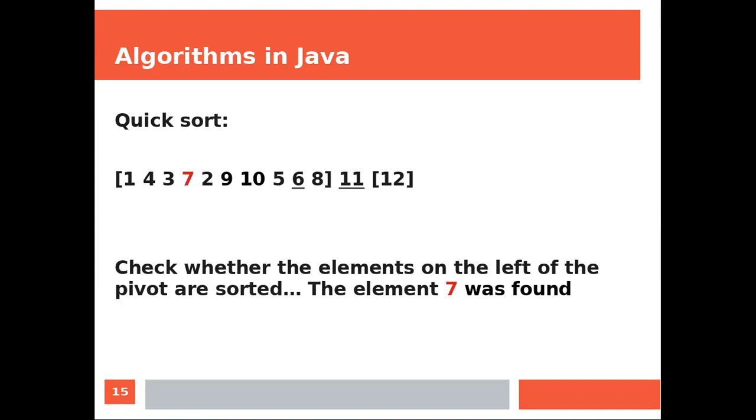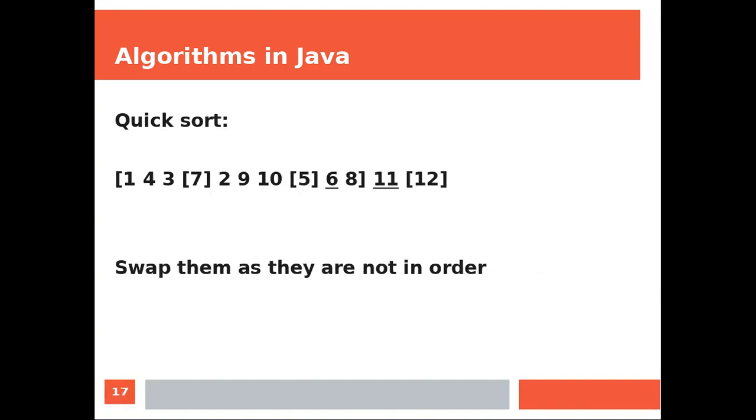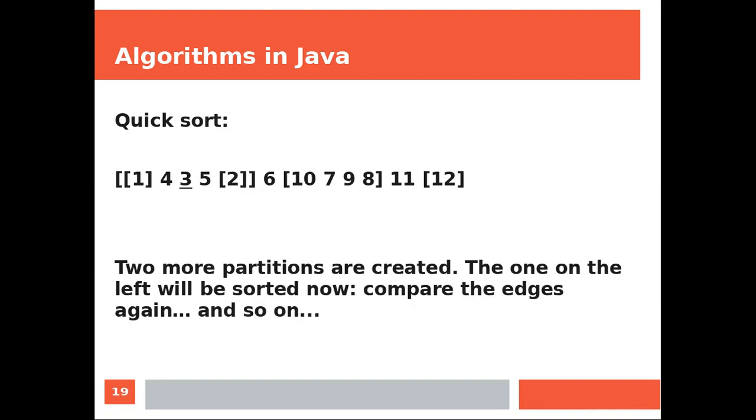The element 7 was found. Elements on the right of the pivot are sorted. Swap them as they are not in order. Keep swapping. Two more partitions are created. The one on the left will be sorted now. Compare the edges again, and so on.